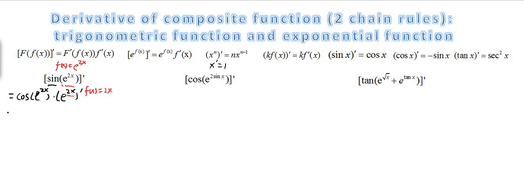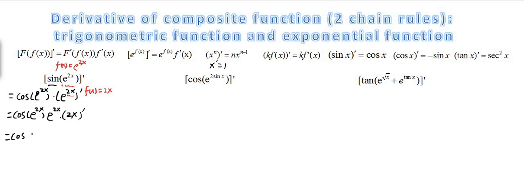Now we can copy the first term, and for the second term we follow this formula, e to the power f(x) times the derivative of f(x), or the derivative of 2x.